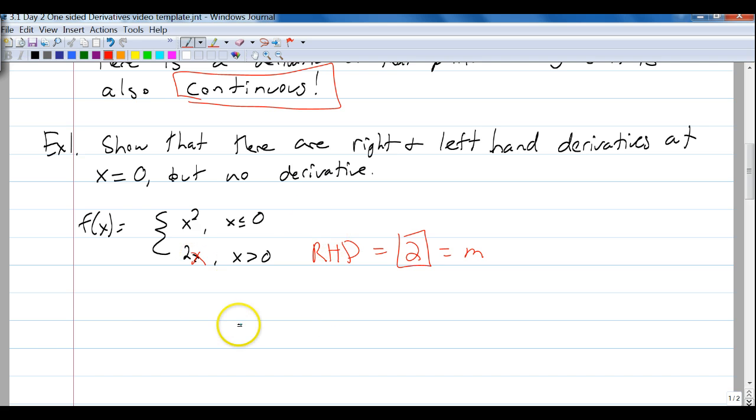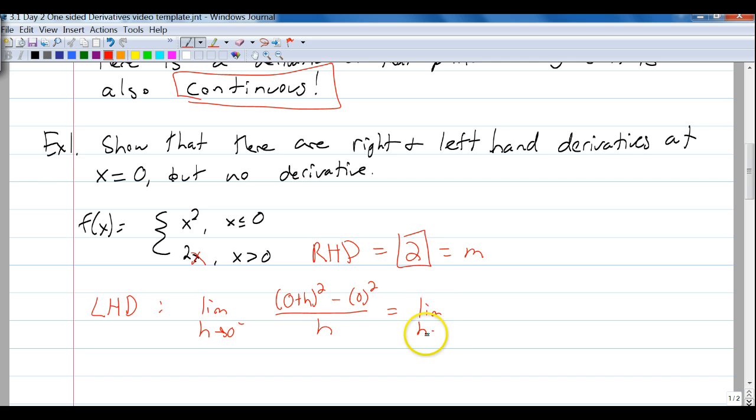So now we need to find the left-hand derivative at this point for this function. The left-hand derivative is going to be the limit as h approaches 0 from the left, which means we're on that function, and we're going to use f of 0 plus h because we're at 0. So that would be (0 plus h) squared minus 0 squared all over h. Simplify this out.